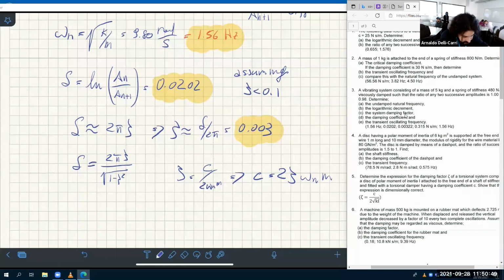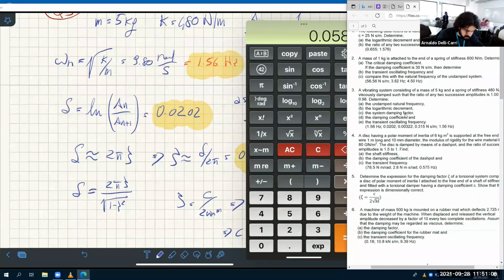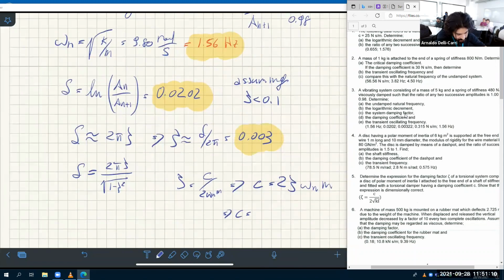Very simple. That means that C equals 2 times zeta 0.003 times omega n, which is 9.80, times m, which is 5, 0.294 Newton seconds per meter.